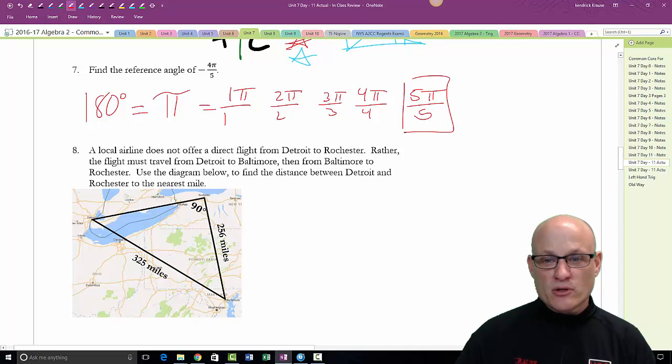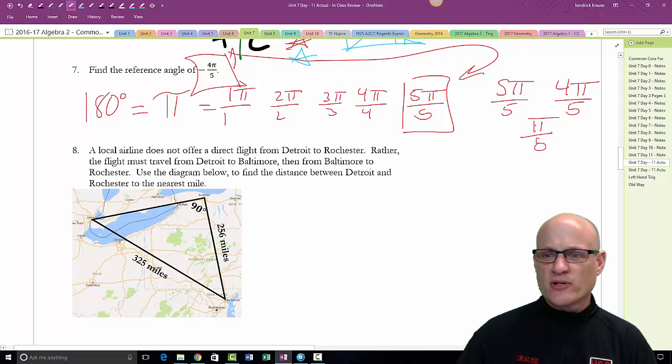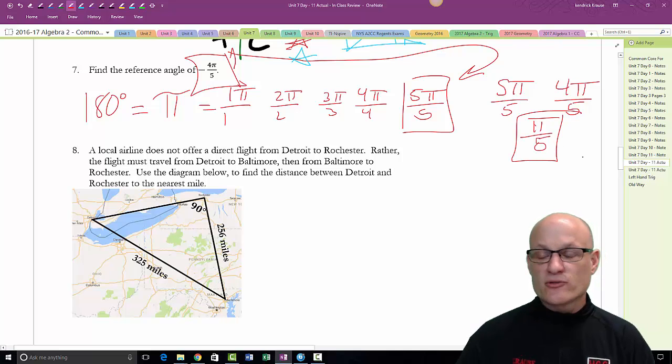Now here's the important one. How far away is 5 pi over 5 from 4 pi over 5? They're just pi over 5 away from each other. There's your reference angle.